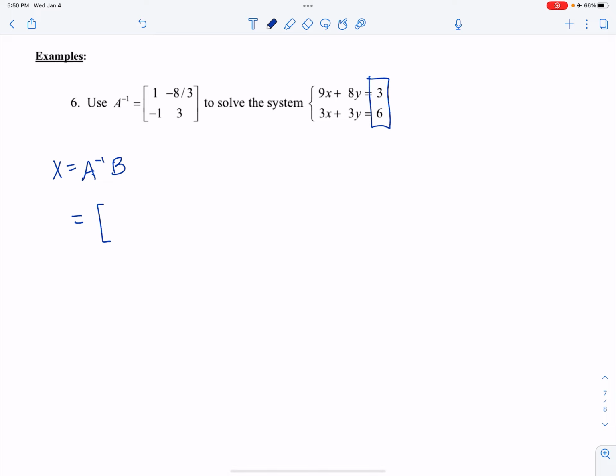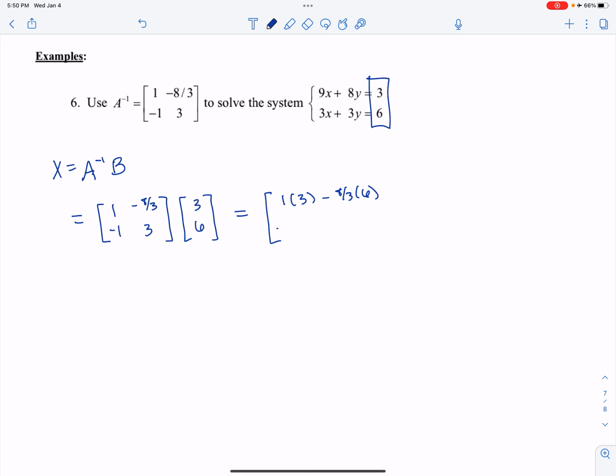A inverse is 1, negative 8 over 3, negative 1, 3. B is 3, 6. So if we multiply these, row column rule, we get 1 times 3 minus 8 over 3 times 6.